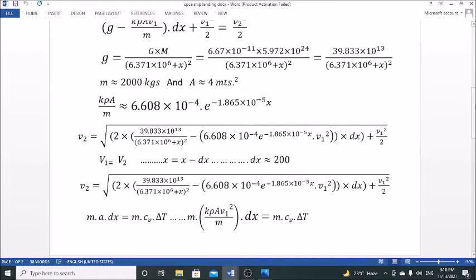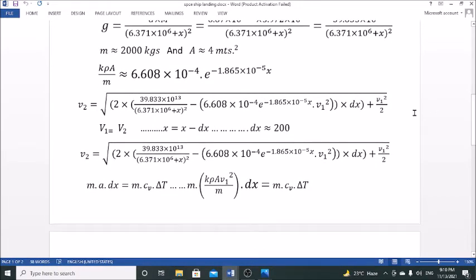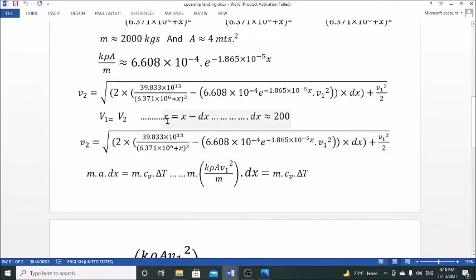Now in our second step, the total x has been diminished, so this x here is diminished by the delta x. Here x equals x minus dx. This is the new x substituted for here.